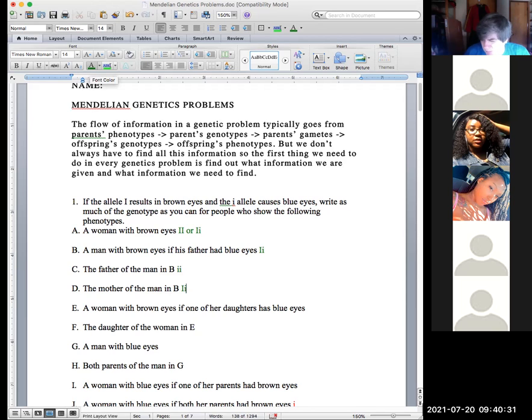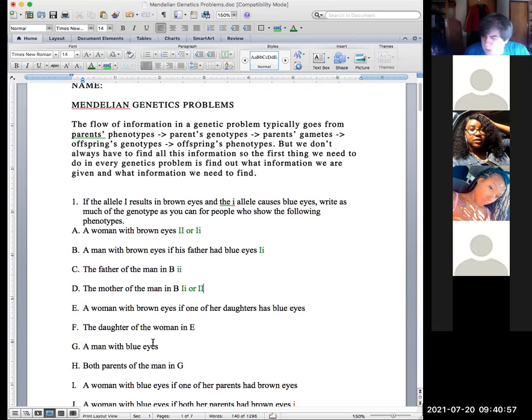She could be big I, little i, or she could be big I, big I. We don't know for sure. We know that she passed down a big I to her son, but that doesn't tell us whether she was heterozygous, big I, little i, or homozygous, big I, big I. We can't say for sure.